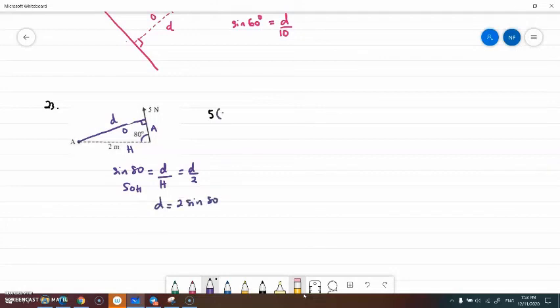So just substitute here, 2 sine 80, and we'll get 9.85 Newton meter. And this one is going up, so the rotation would be anti-clockwise.